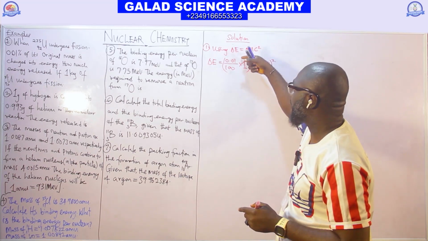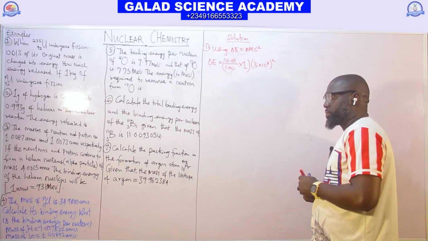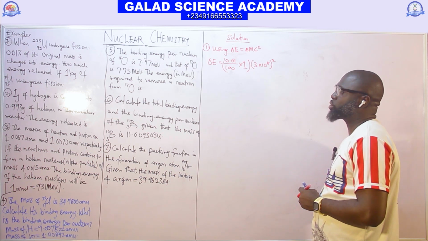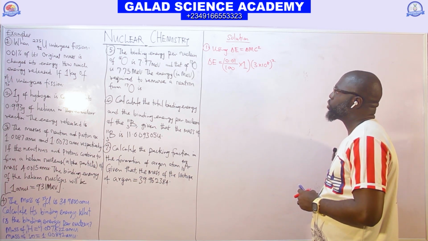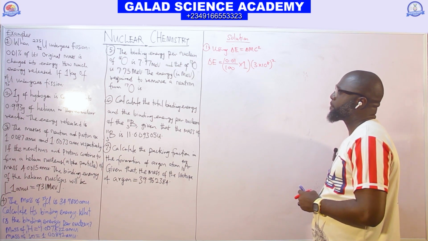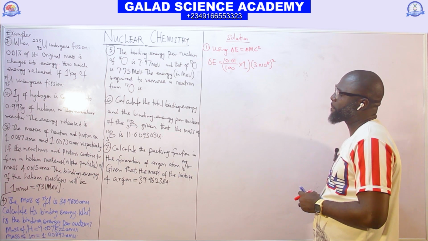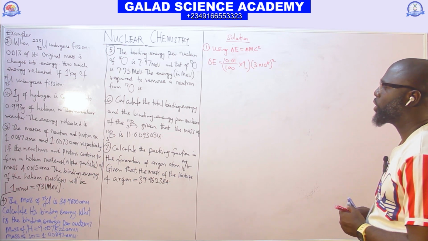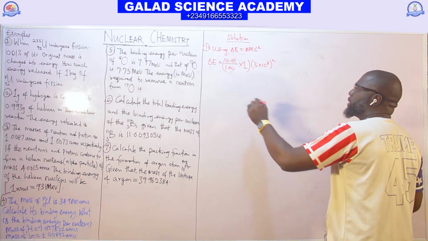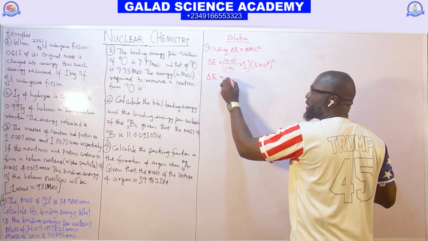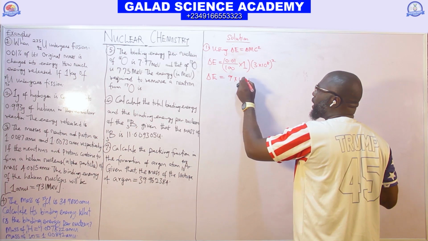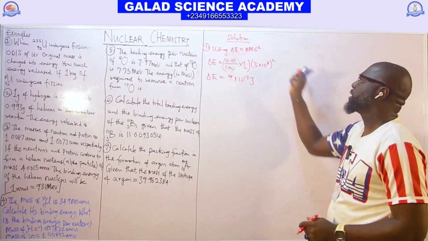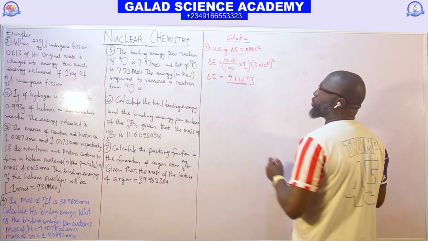Square it by pressing your calculator, and we arrive at 9. The binding energy will be 9 times 10 raised to the power 13 joules. That's the binding energy for question number 1.